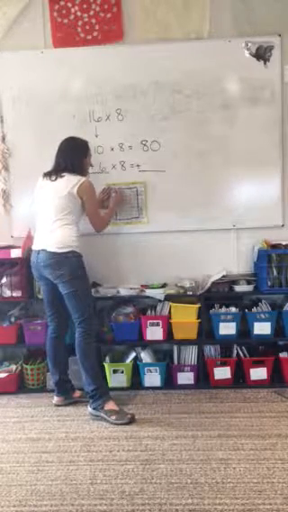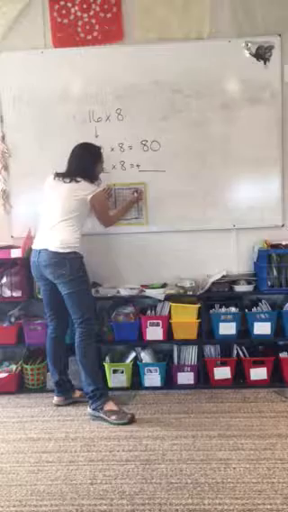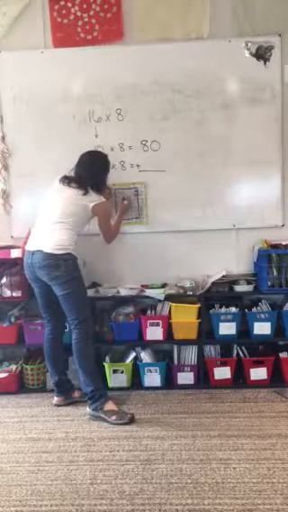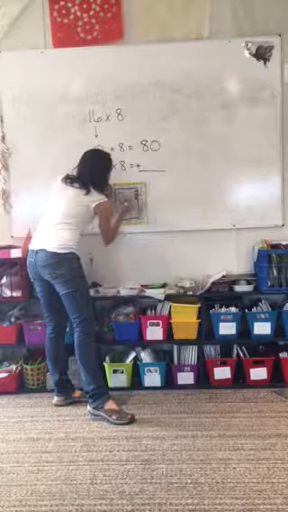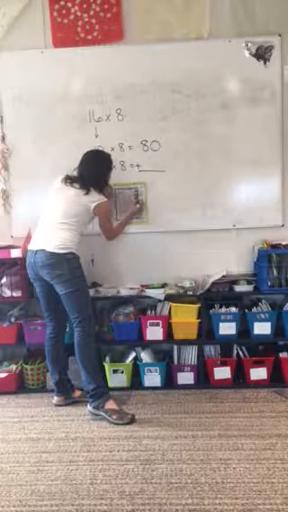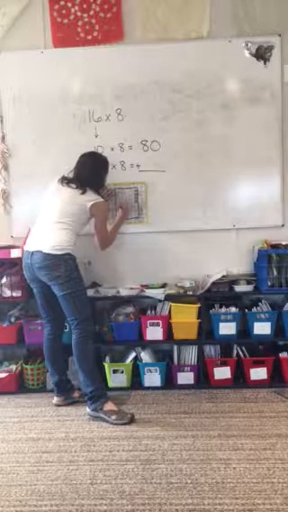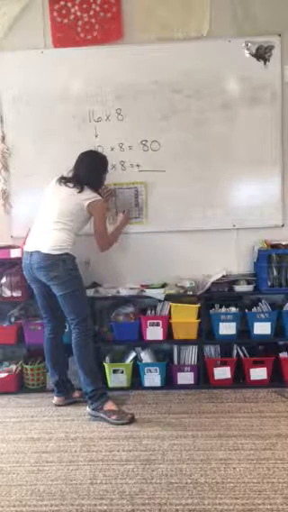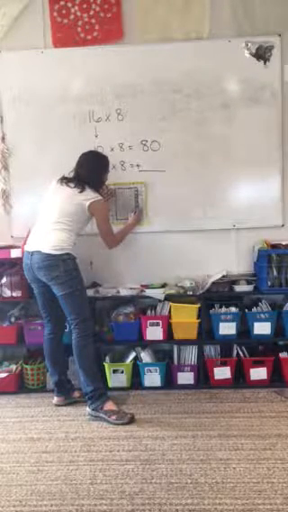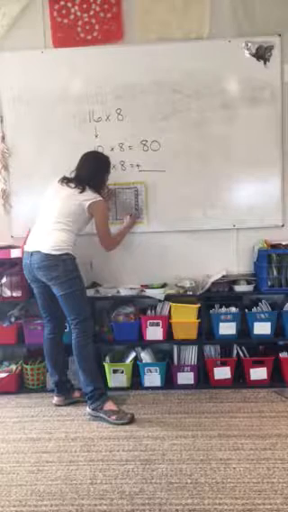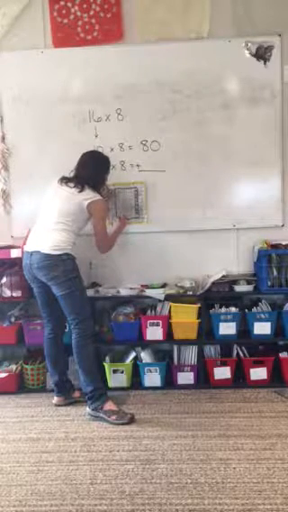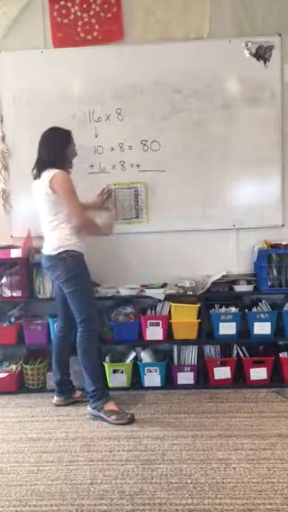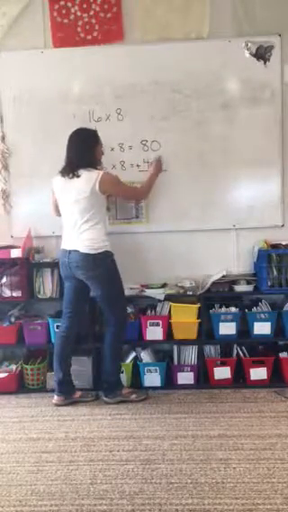So now they're just going to count the squares, 1, 2, 3, up through 48. So 6 times 8 equals 48.